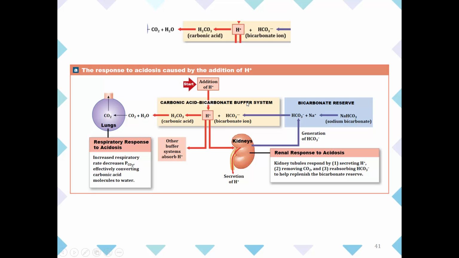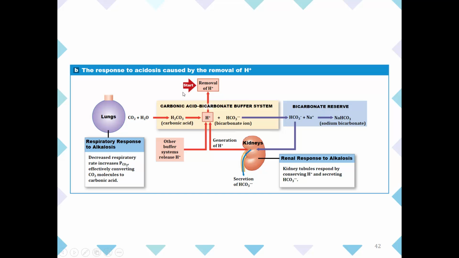Okay, so then what happens if we remove hydrogen? This is going to be an alkalosis kind of state. Okay, it's going to shift our equation this way, and we're going to do things like conserve hydrogen ion and instead dump bicarbonate.